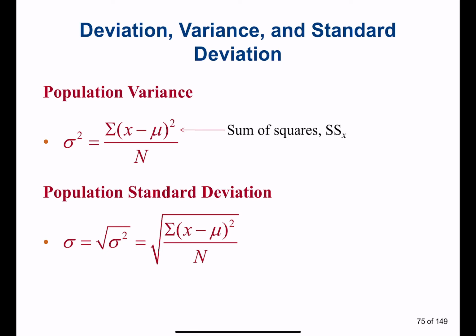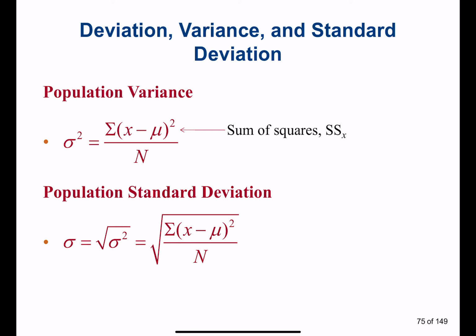So population variance is nothing else but the distance between items, the distance between elements. The fewer the elements and the further they are from each other, the greater the variance is going to be. The closer the elements are to each other, the less the variance is going to be.